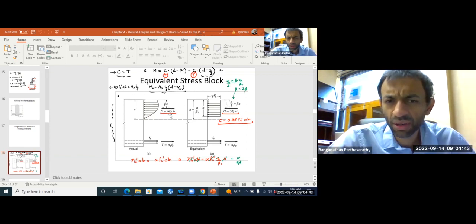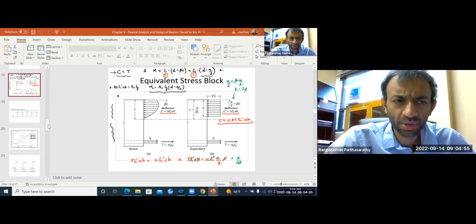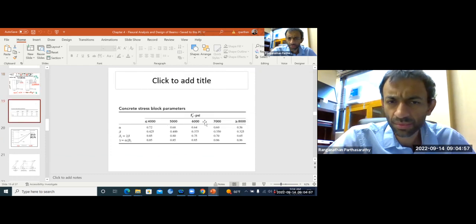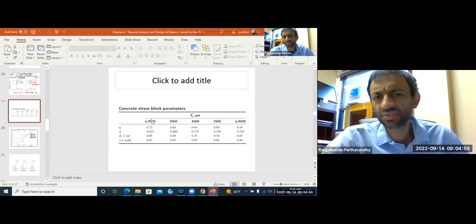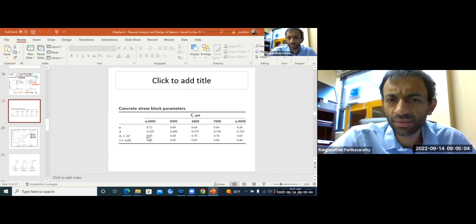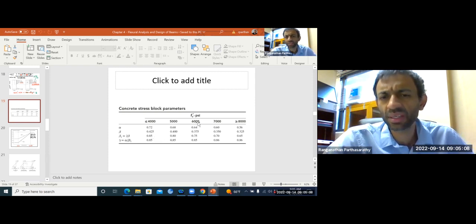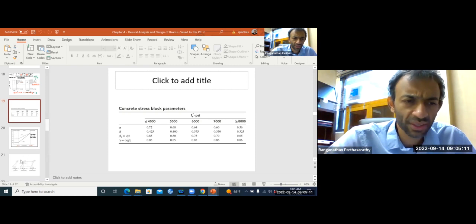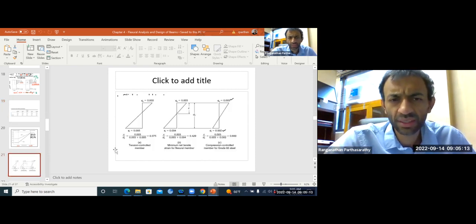So you can take a block of depth a, and a is related to the neutral axis depth as a is beta 1 times c. Now, beta 1 is 0.85 for concrete less than or equal to 4,000 psi, and then you cut 0.05 for every 1,000 psi increase, right? Okay. So come here. Now, this is balanced failure.